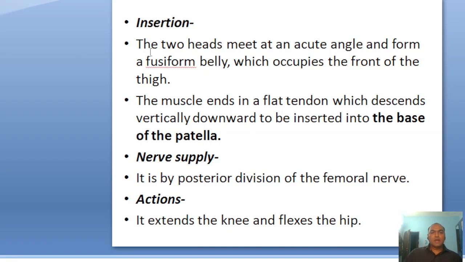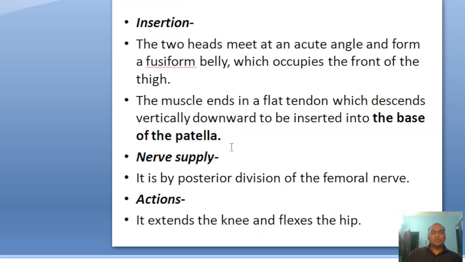Insertion: the two heads unite and meet at an acute angle and form the fusiform belly which occupies the front of the thigh, and it is inserted into the base of the patella. The fibers are united as a bipinnate fusiform belly, then inserted into the base of the patella.